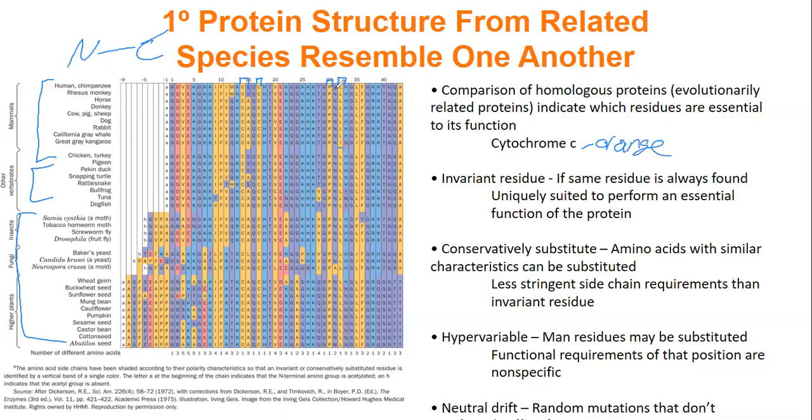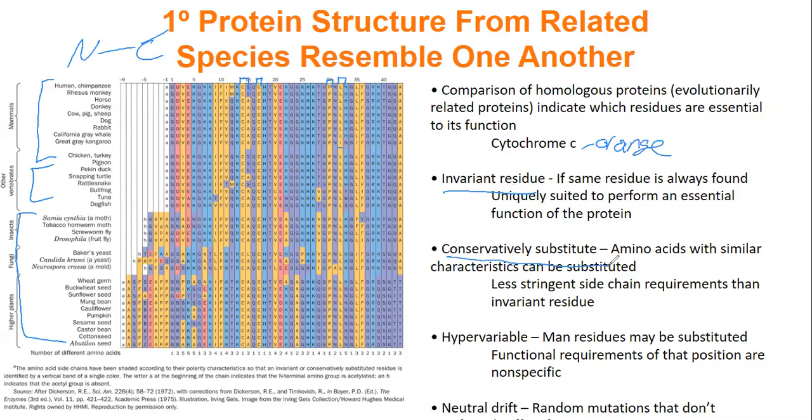And if you change it, that protein no longer works. We call this an invariant residue. That amino acid at that position is unique in that any other amino acid would probably cause that protein not to work and probably cause that organism to die. So that's what we can look at through evolution and seeing all of our proteins lined up.